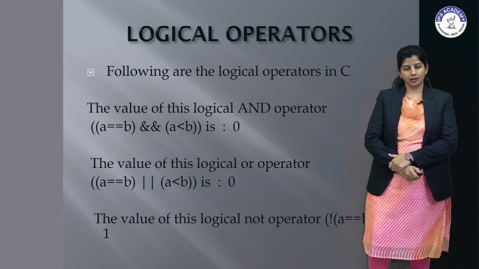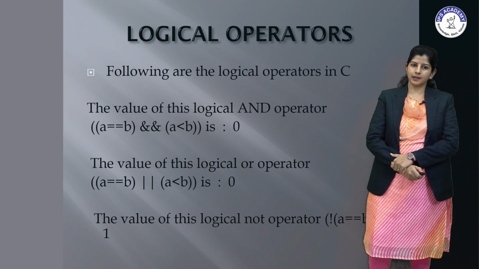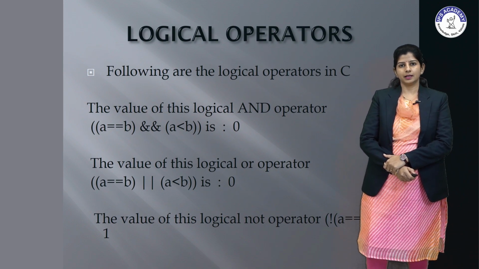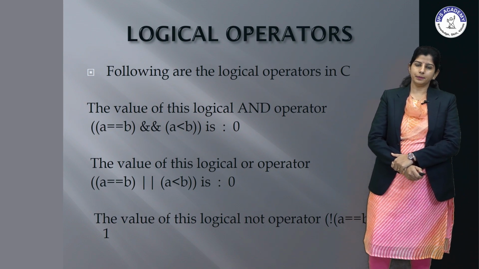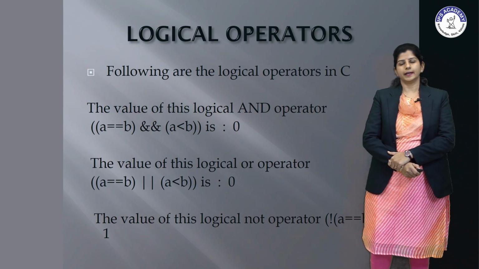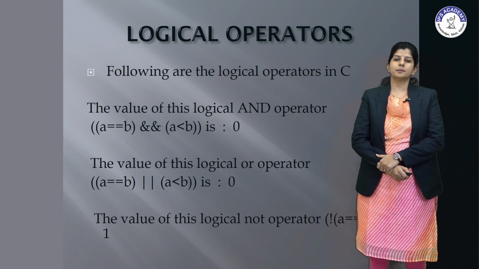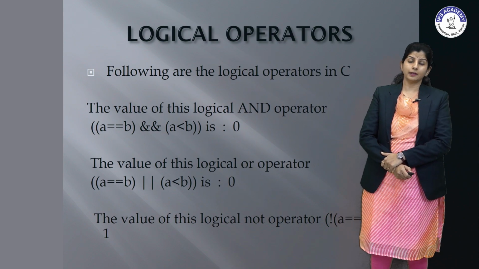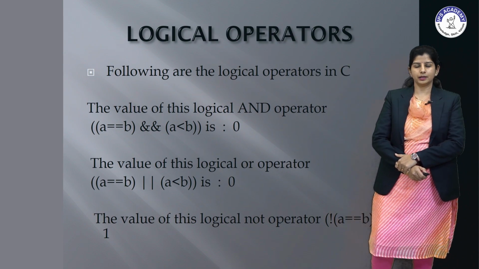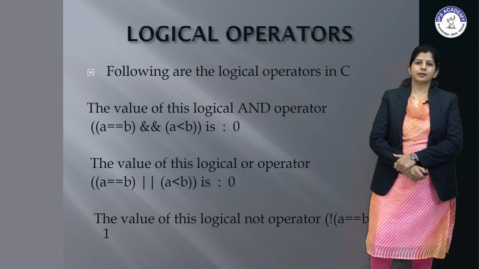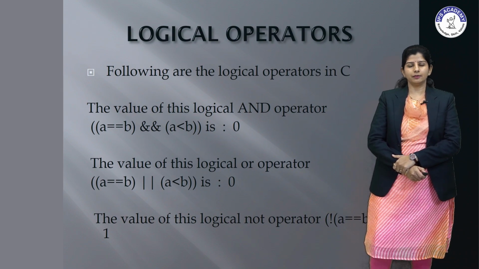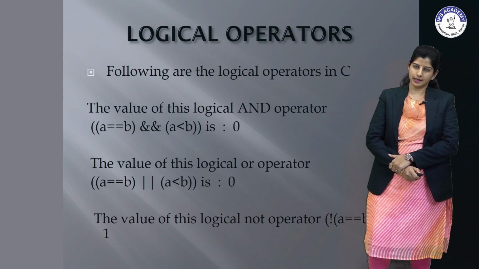A is equal to B or A is less than B, then again I get the answer. The OR condition helps me get the result if either this condition or that condition is satisfied. It is not compulsory, as with the AND operator, that both conditions be satisfied. If either one or both are satisfied, then I get my answer.